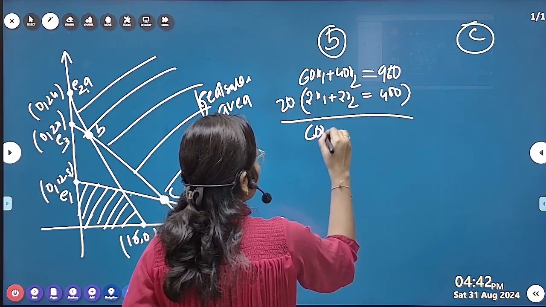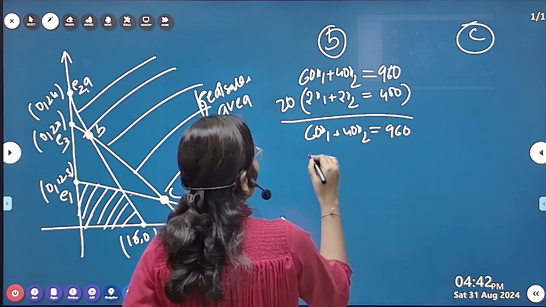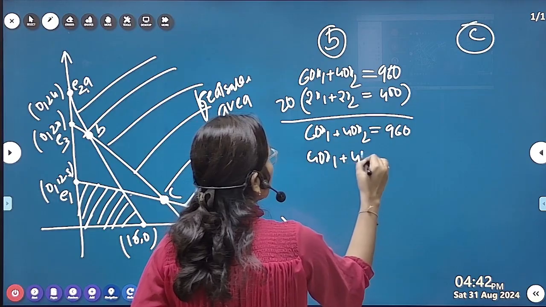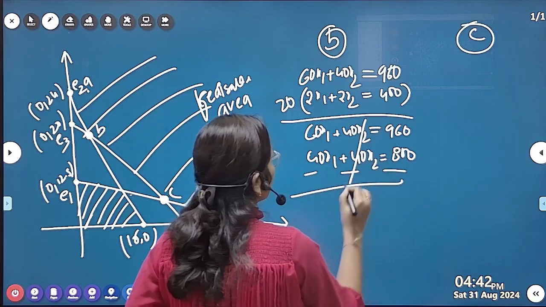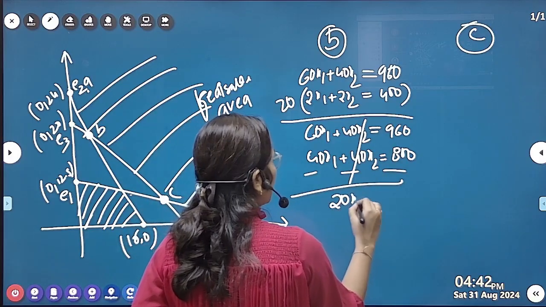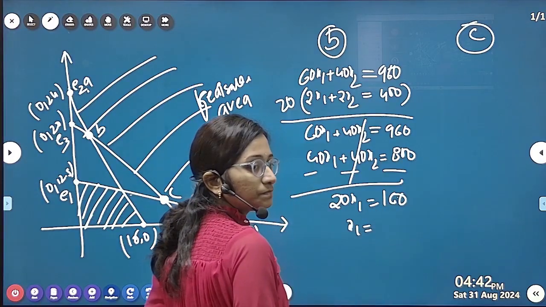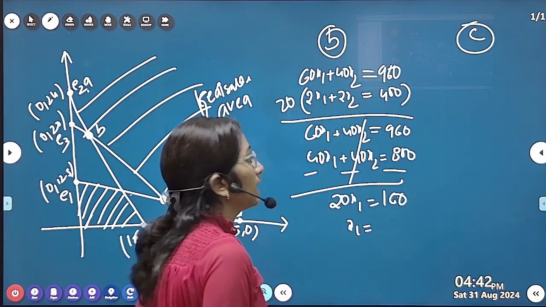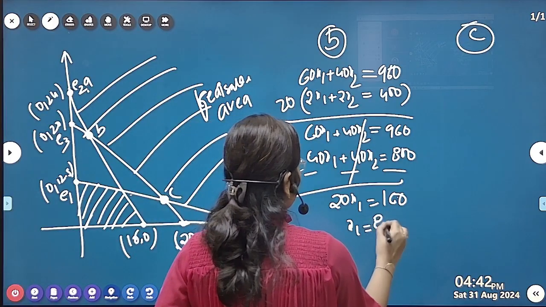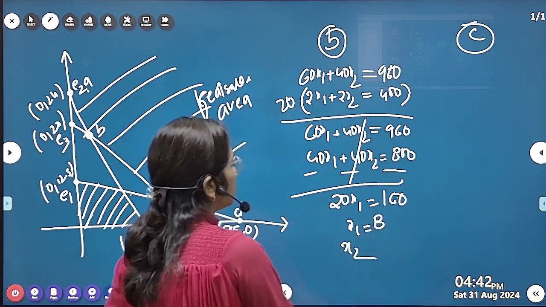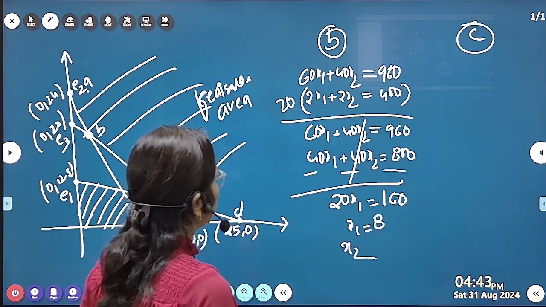So what you'll get, 60x1 plus 40x2 is equal to 960, and 40x1 plus 40x2 is equal to 800. Subtract, so those cancel. So 20x1 is equal to 160. So x1 is equal to how much? X1 will be 8. So tell me the x2 value. Put the x1 into the second equation or first equation, whatever.